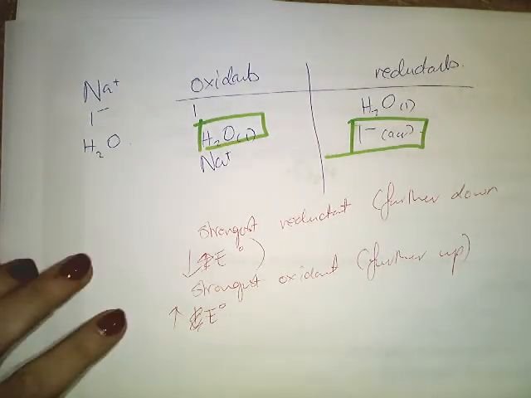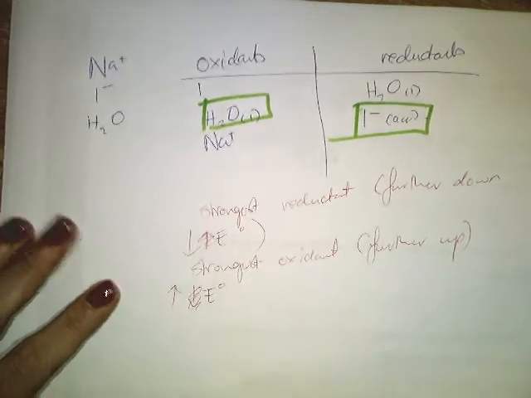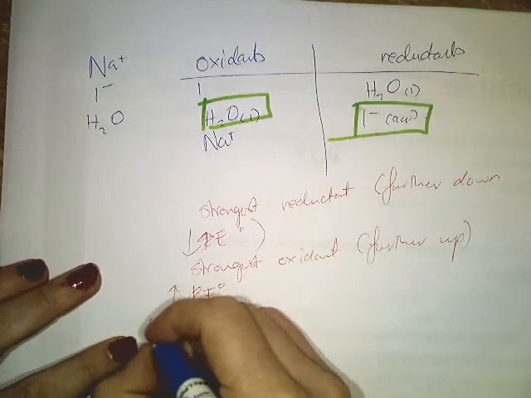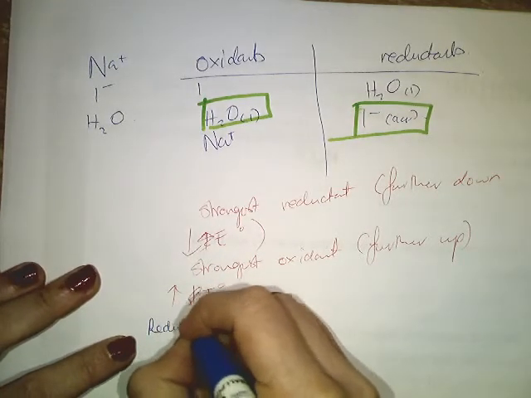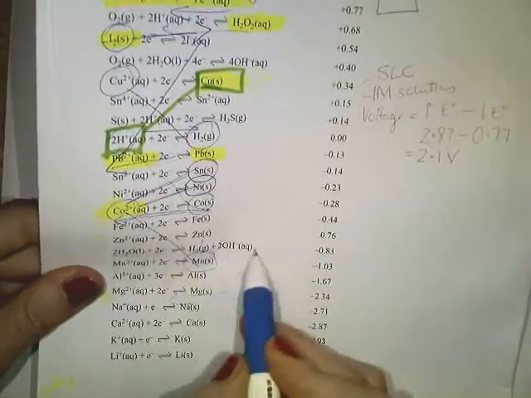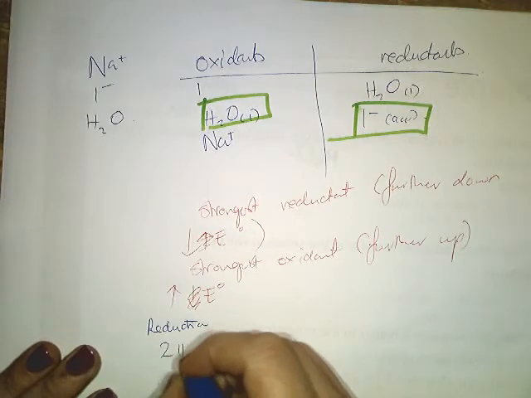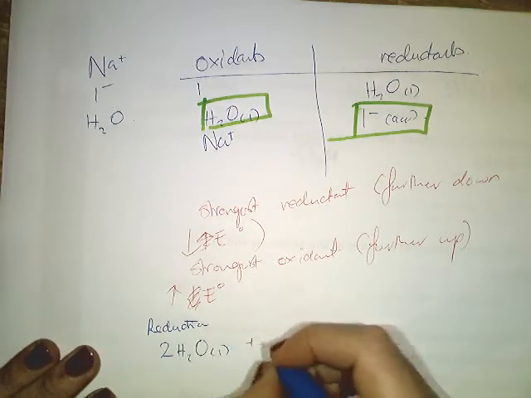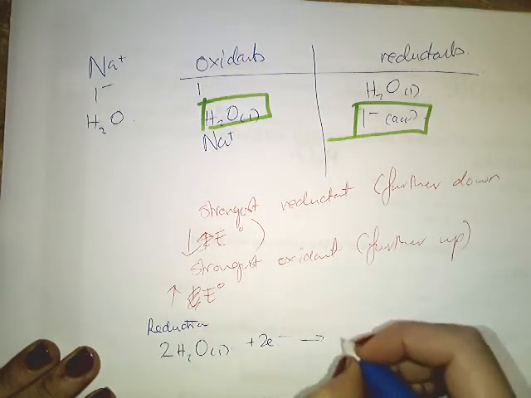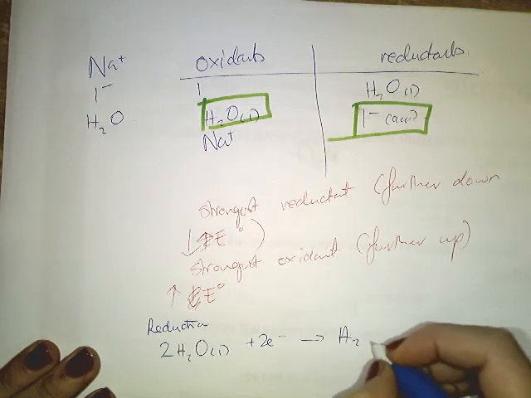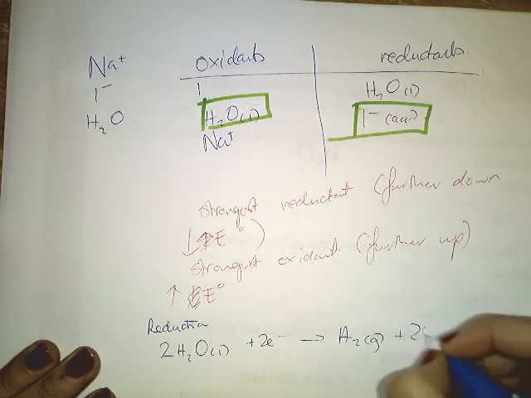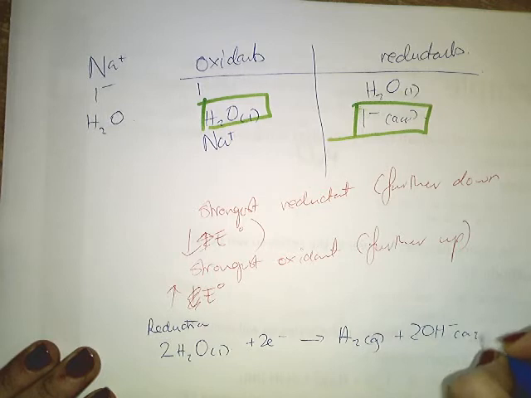Now, in writing it out, oxidant is reduction. It'll undergo reduction. So the reduction reaction will be the water one, this one. So just simply copy that out. 2H2O plus 2 electrons produces H2 plus 2OH minus.